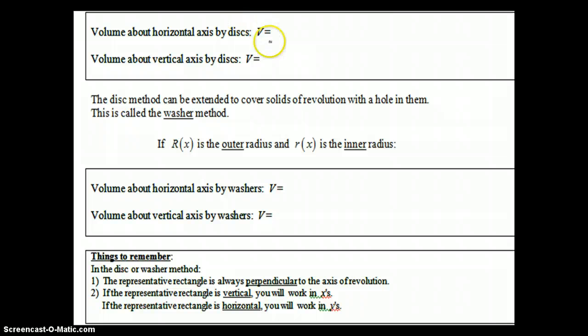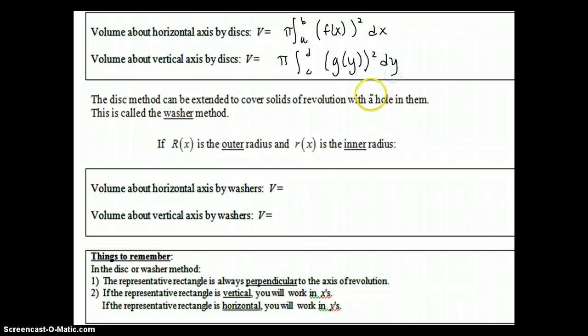If we're talking about horizontal axis with disks, we're going to be dealing in terms of x. So our integral will go from a to b of whatever our function of x is, squared, with thickness dx. If we're dealing with a vertical axis of revolution, I'm going to call the limits c and d. Those will be y values, and my function will be in terms of y, and my dy will indicate that as well.